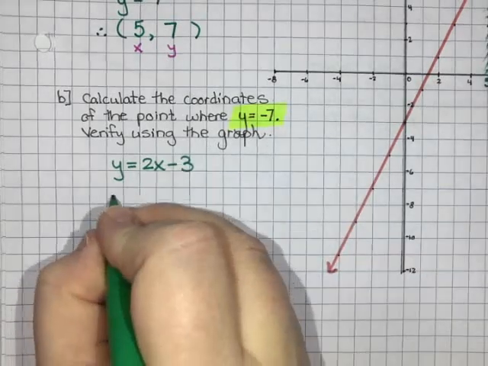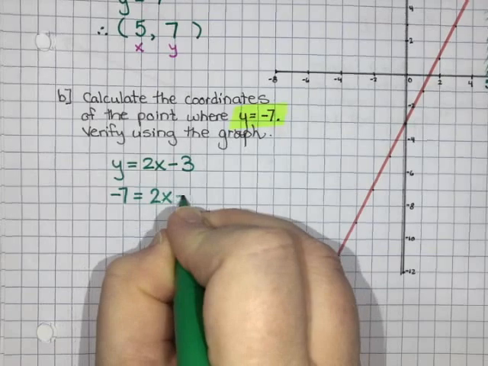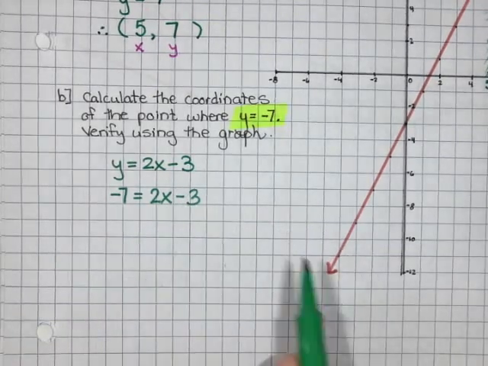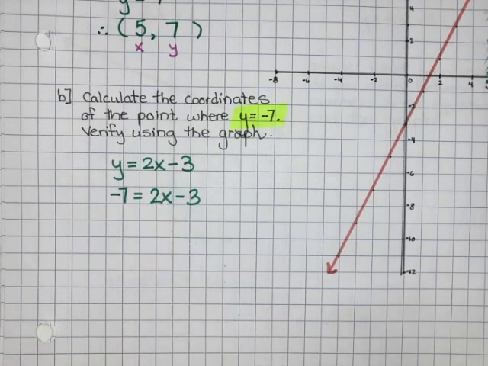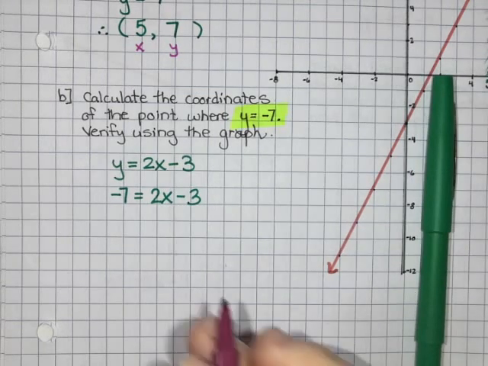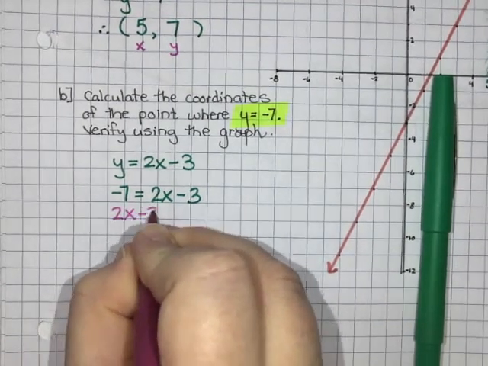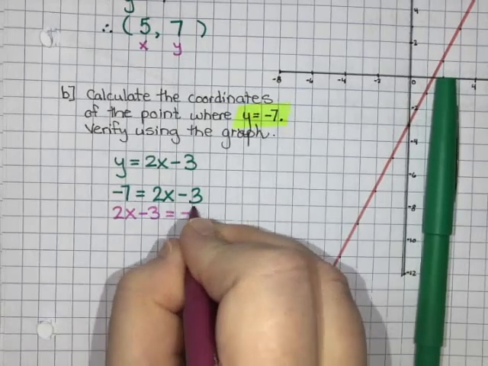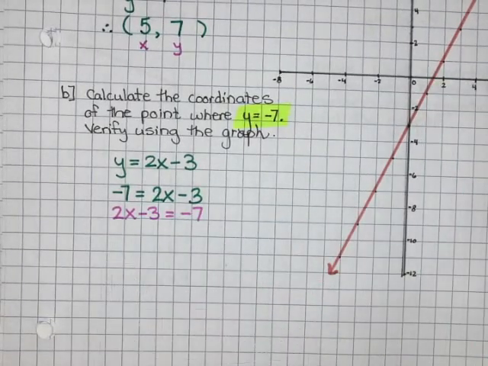So I'm going to get -7 equals 2x minus 3. This time I don't have all the numbers on one side, so I'm going to have to rearrange to get x by itself. I find that easier if I flip it over first. So I'm going to put 2x minus 3 equals -7, just because I find it easier to solve if x is on the left-hand side.